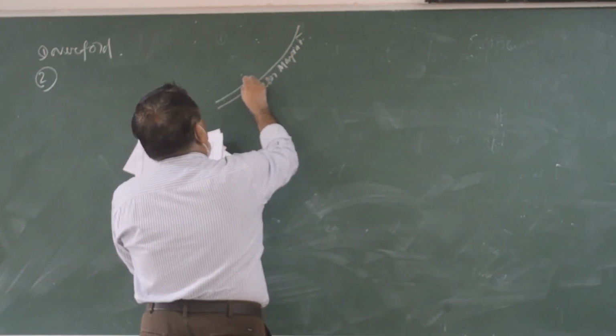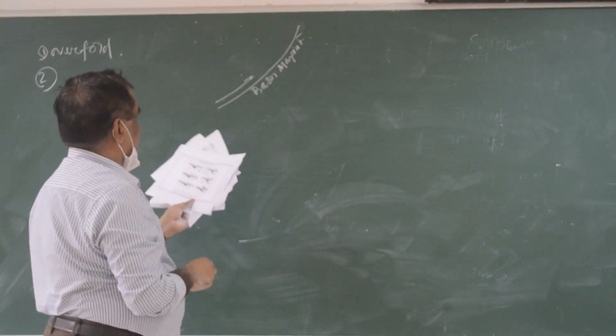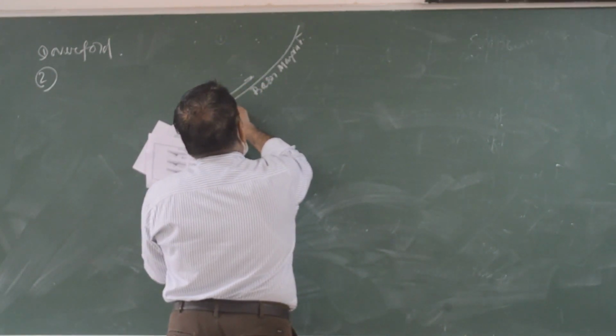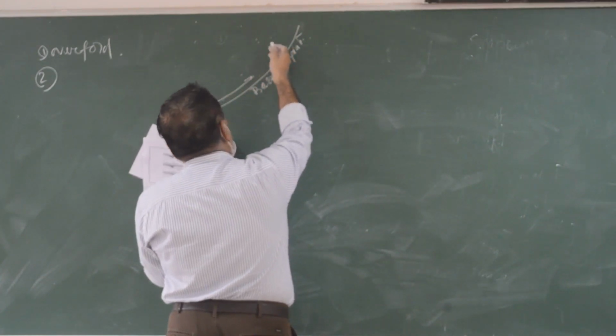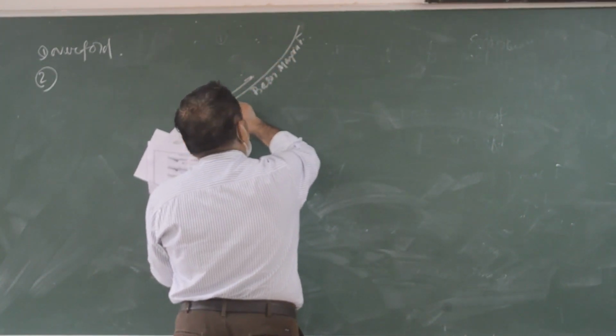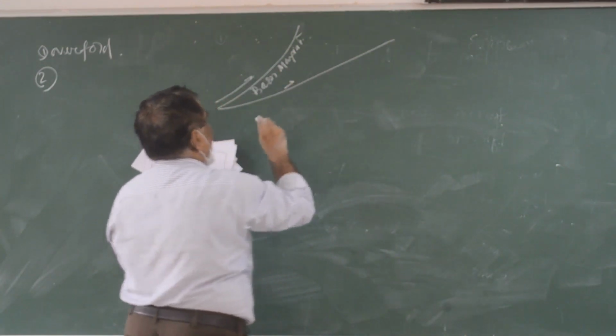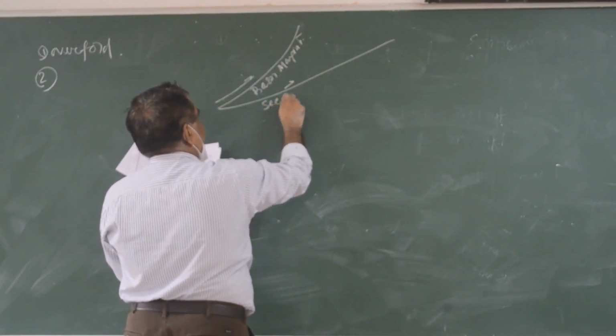Reversal of slip is taking place. It may so happen that instead of thrusting taking place along this plane, there could be a subsidiary thrust plane. This is the secondary thrust.